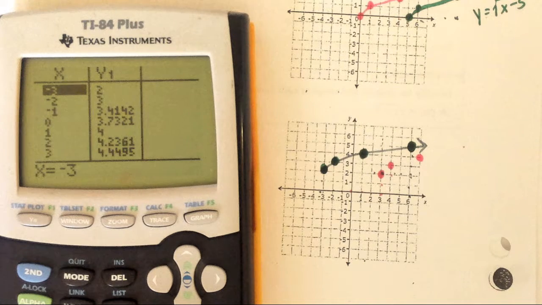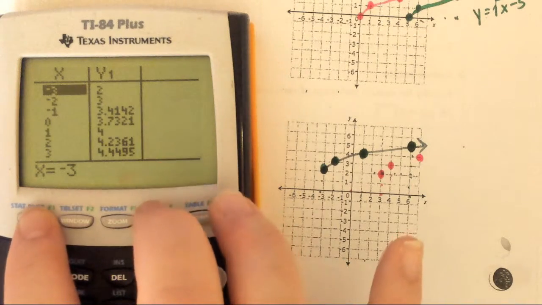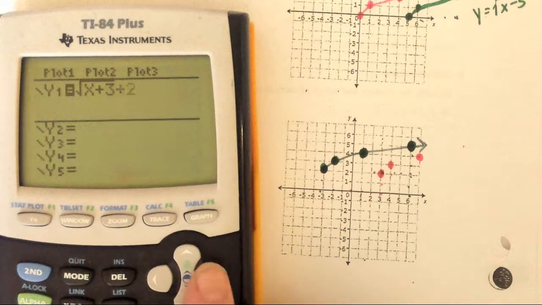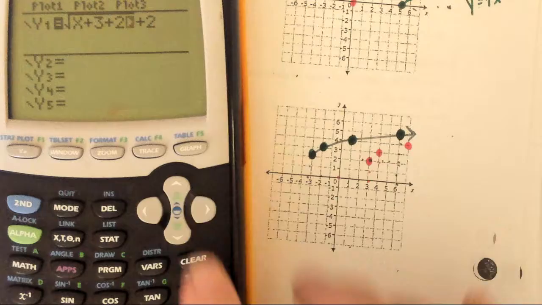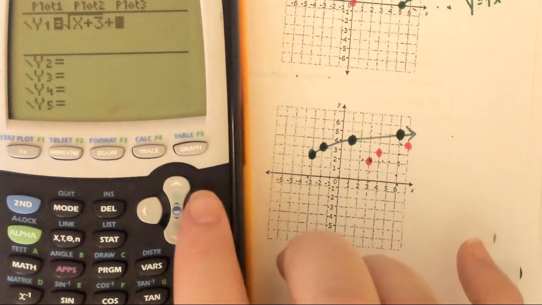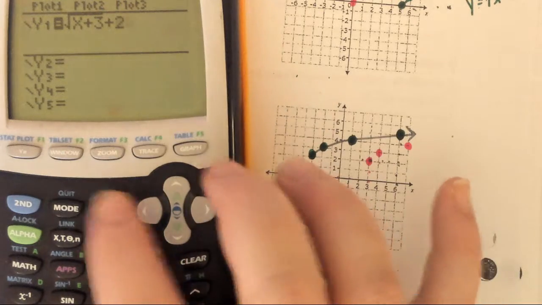How do you get from under the radical? Oh, I literally scroll. I understand what you're saying. If I put the plus 2 there and that was wrong, you press delete and delete it. Then you want to make sure you scroll an extra time over.